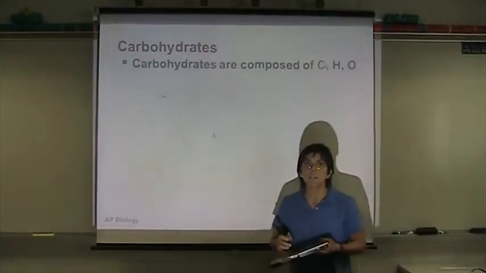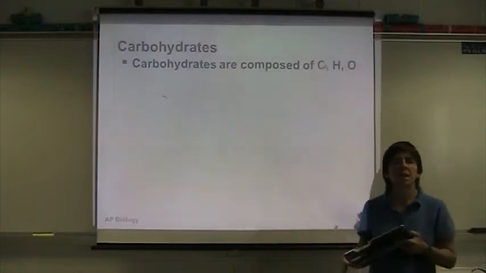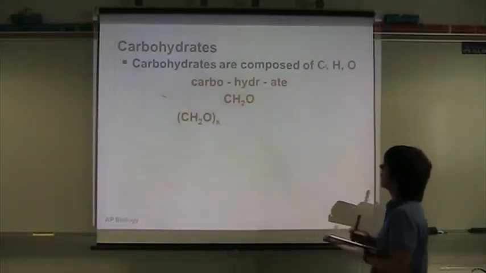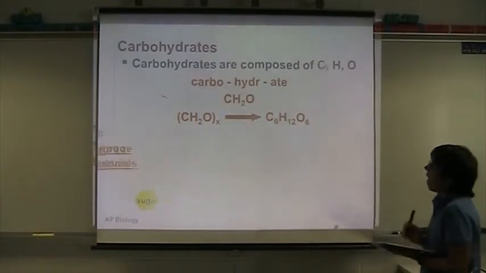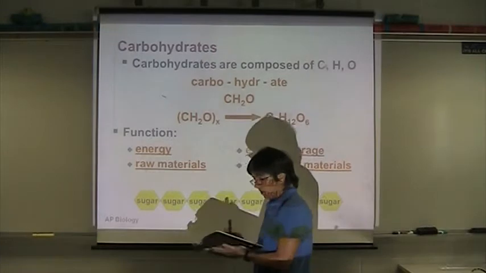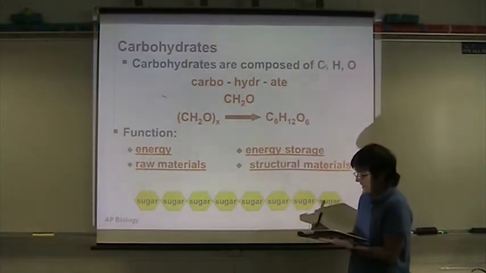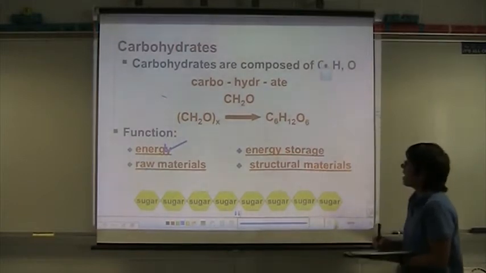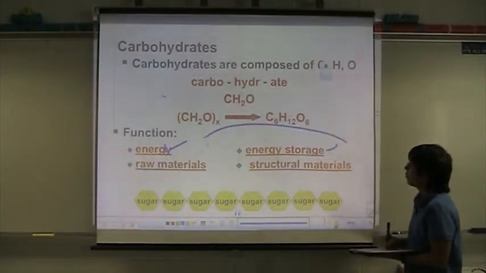Carbohydrates, if you look at any molecule of carbohydrate, it's always made out of three types of atoms: carbon, hydrogen, and oxygen. The function of carbohydrates in our body, you all know this, is basically they are the biggest source of quick energy available. They can be used to store energy.